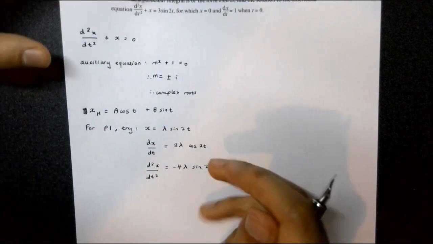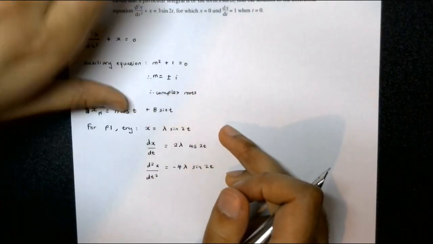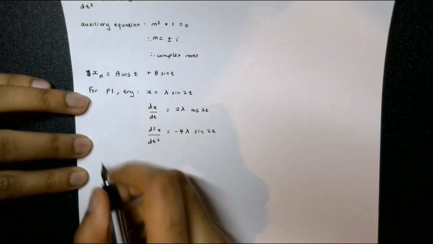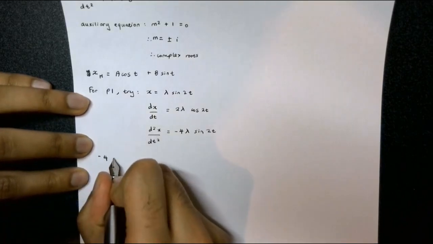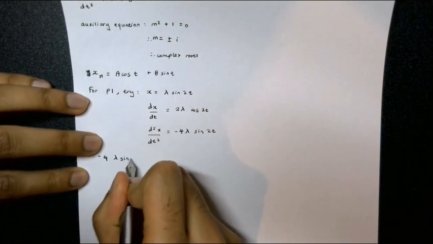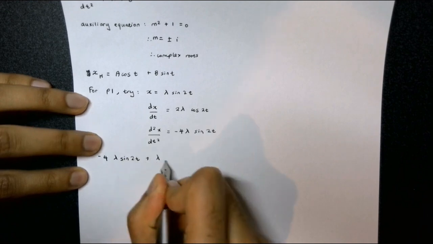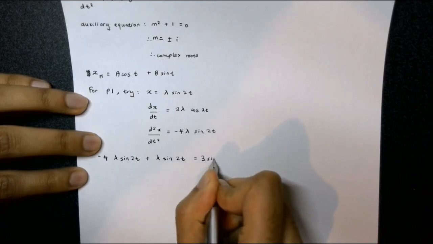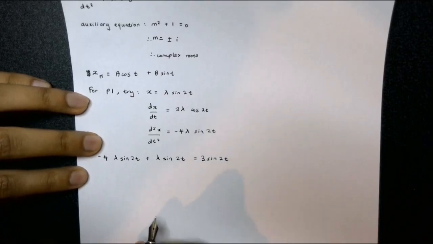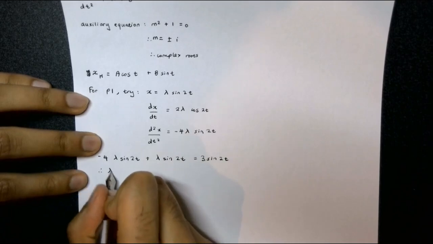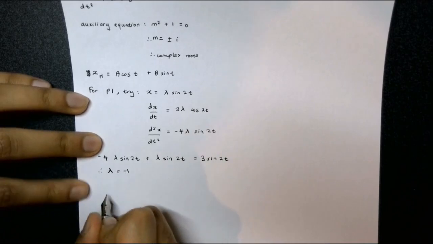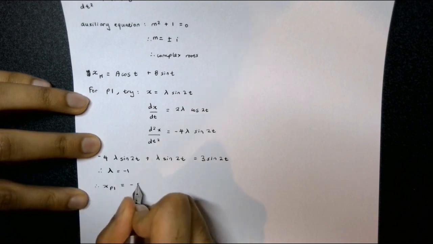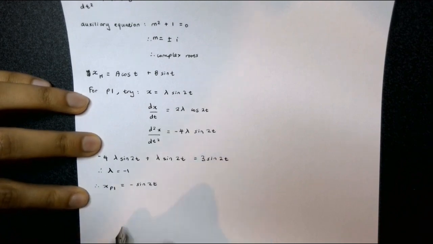So now if we substitute all of these into here, what we'll end up with is minus 4 lambda sine 2t plus lambda sine 2t equals 3 times sine 2t, from which we can see lambda is equal to minus 1. So therefore the particular integral is equal to minus sine 2t.